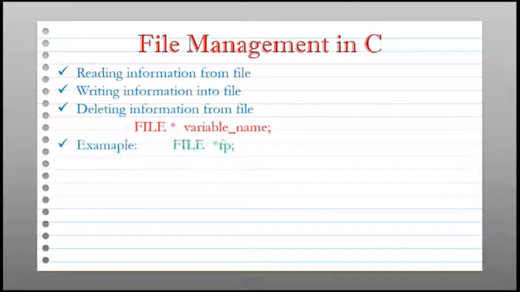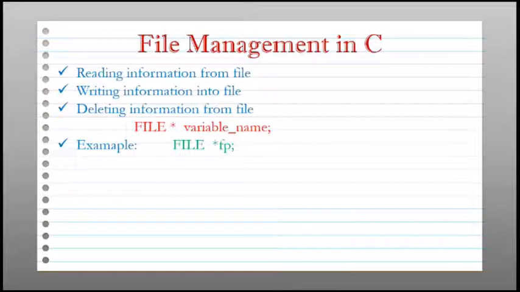This is an example of declaring a pointer variable of type FILE. Here FILE is the data type and fp is the pointer variable. This pointer variable can be used to point to the address of a file.